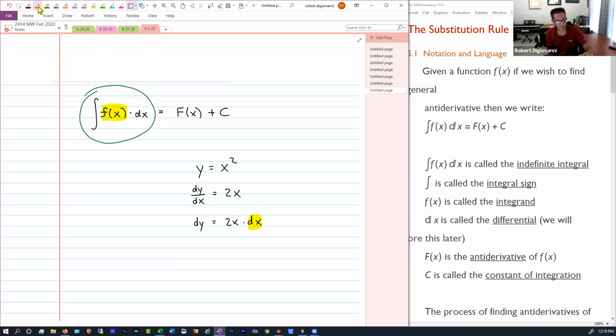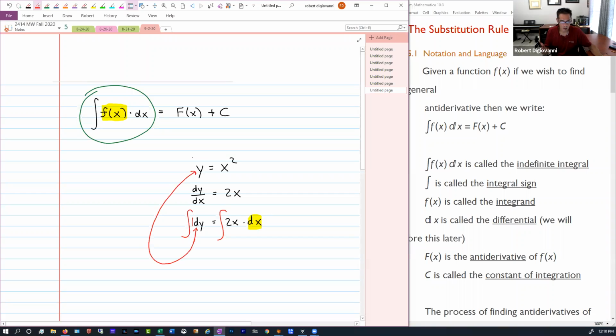So right now, if I were to say, find the antiderivative, what would be the antiderivative of this dy? Look at that as being like 1 dy. So what's the antiderivative of 1 with respect to y? Careful. What's the antiderivative of 1 with respect to y? Y, right?